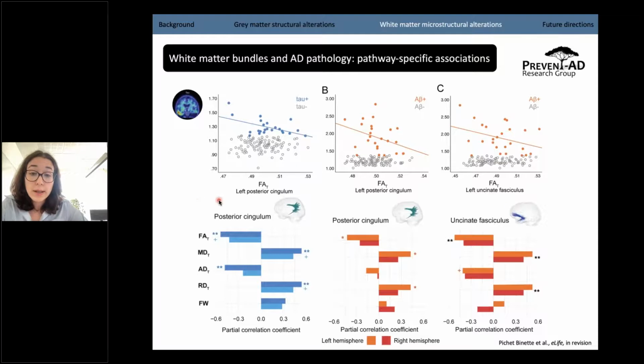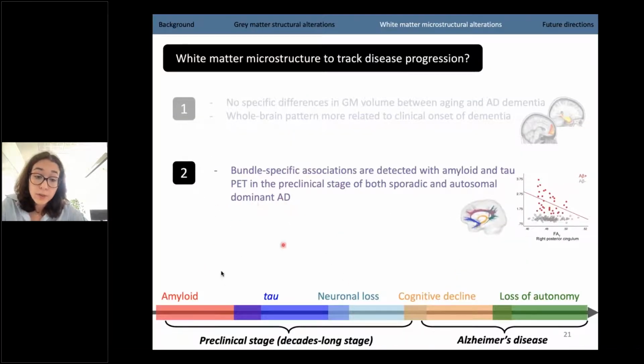And so overall, in two cohorts in the preclinical stage, both people at risk of sporadic AD and pre-symptomatic people from the familial form, we see that there are microstructural alterations accompanying the presence of pathology in the brain.